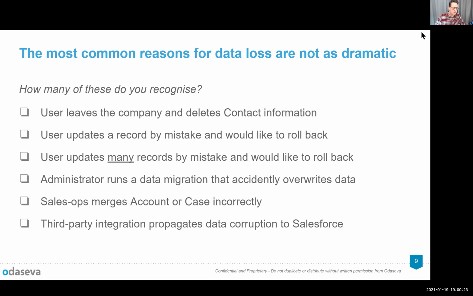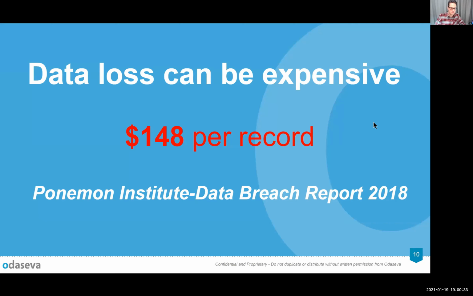So hopefully you will recognize some of these, not too many, but you will recognize many of these, I'm sure. So Siham, what's the impact of data loss? Well, according to the Ponemon Institute Data Breach Report of 2018, the loss of one record is on average $148, and that's just an average.